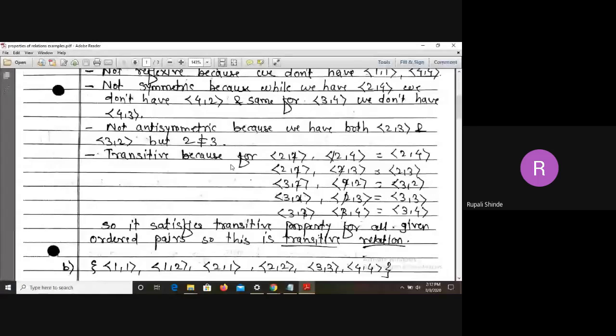Now, the second relation is given. Again, you have to find what are the properties satisfied by this given relation. So, start with the reflexive property.